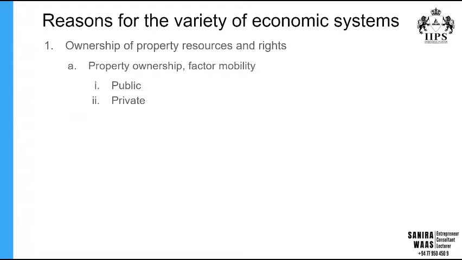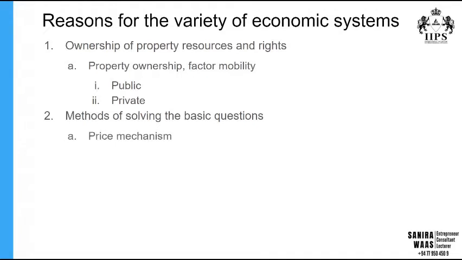Not only that, the second thing is the methods of solving the basic economic problems. I mentioned in the previous slide that the main focus and primary objective of economic systems is to solve these basic questions of the economy, and the variety also comes from the method by which they solve them.